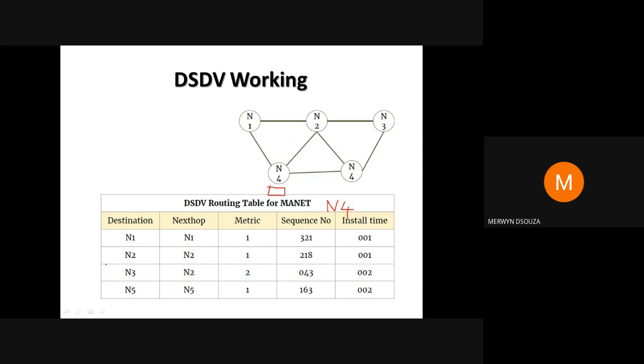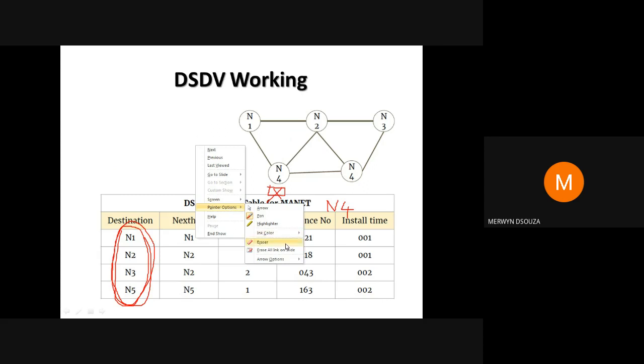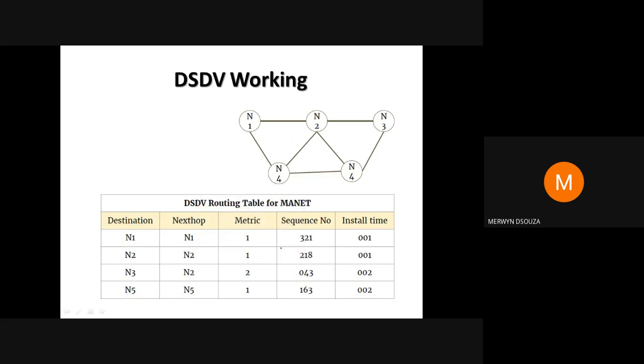It has all the other nodes in the network as destinations, and it knows in which direction a packet, say packet X, has to be forwarded. Similarly, such routing tables have to be created for each and every node in the network.